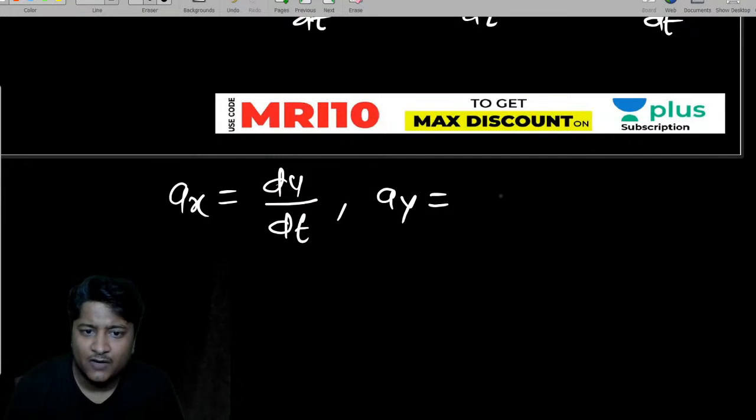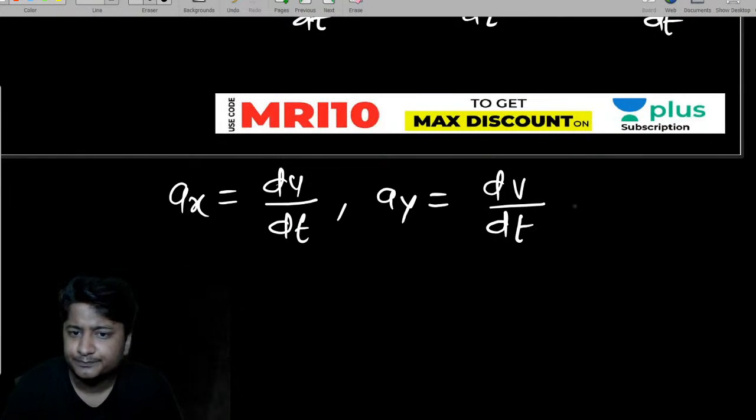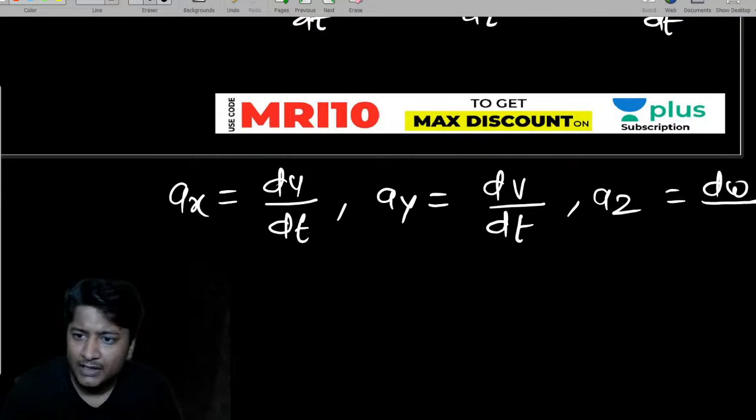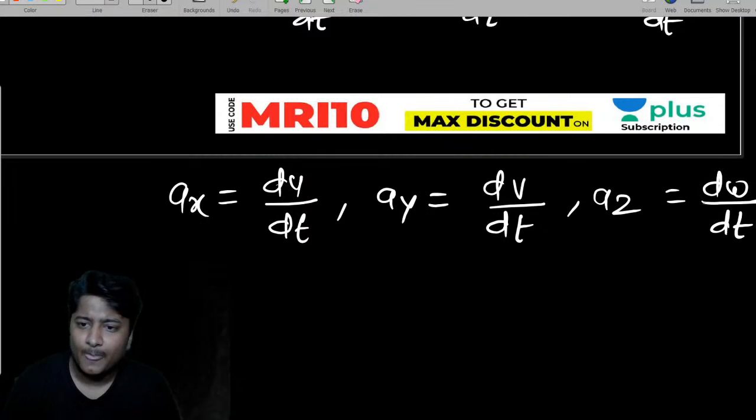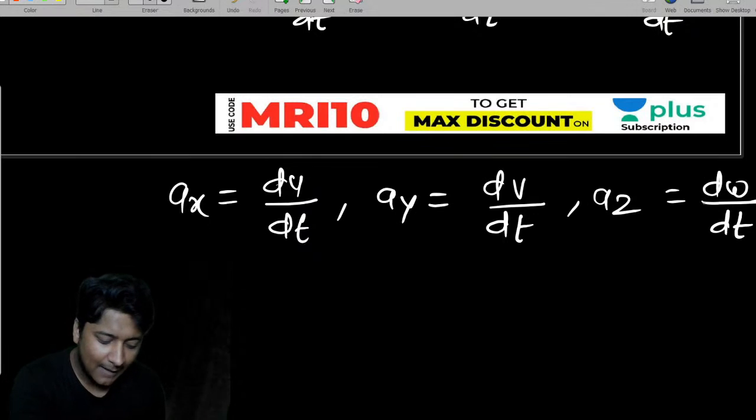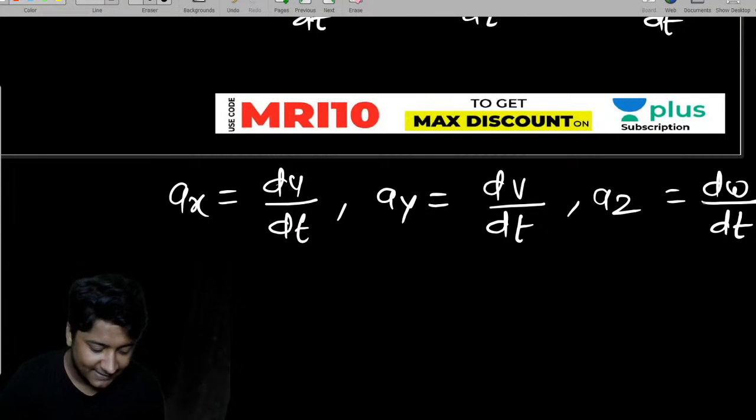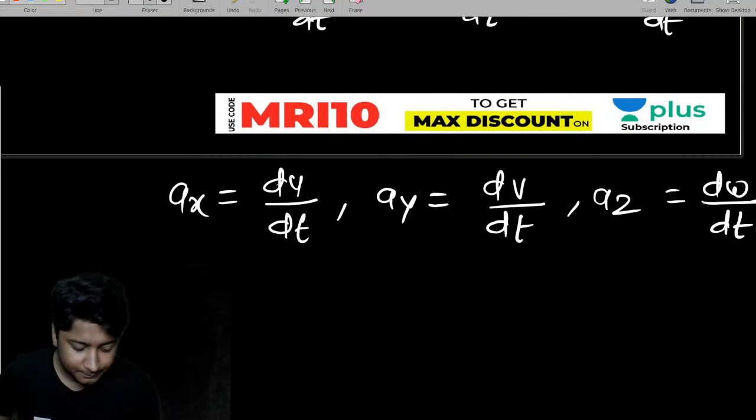If I am writing ay, it is dv upon dt. If I am writing az, it is d omega upon dt. Up to this, anybody having any problem in the basics part? They can ask me.